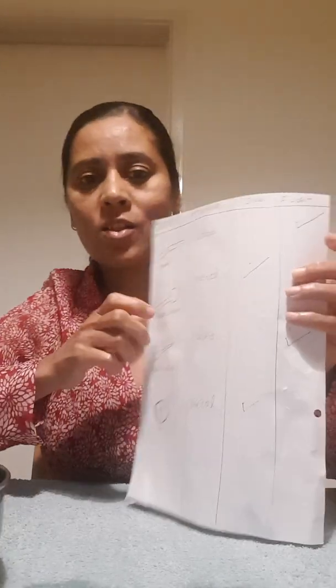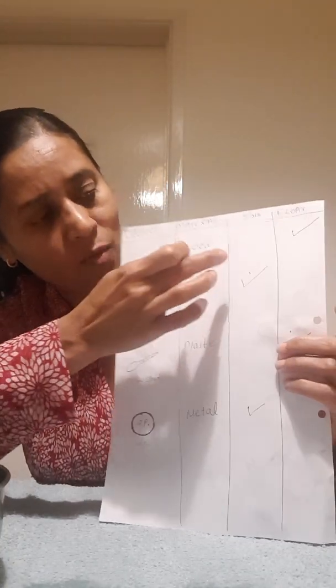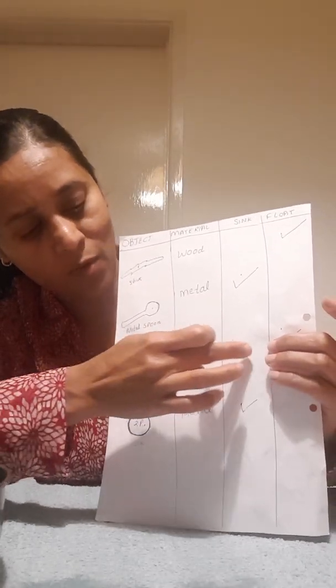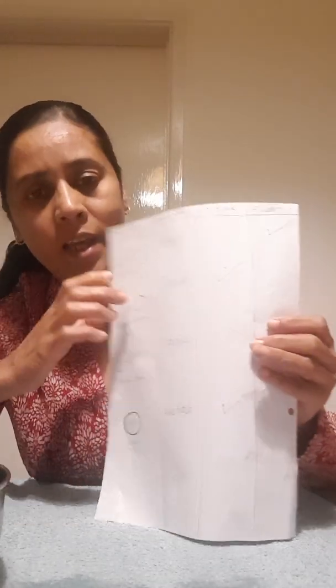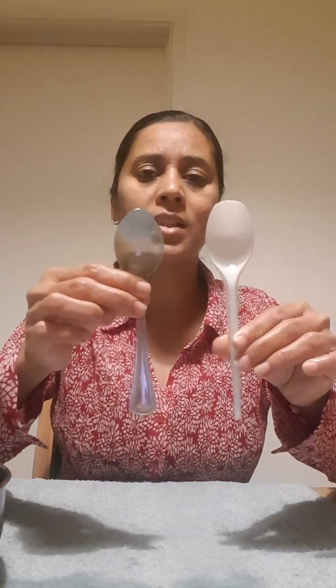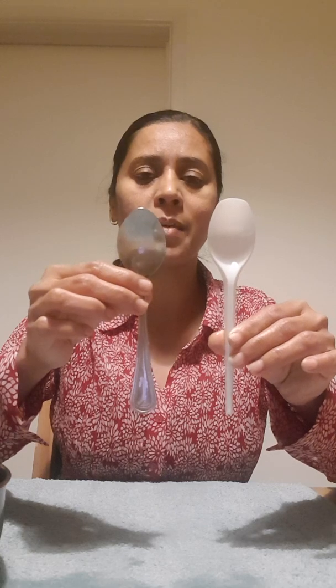In the chart, as you can see, the stick floats, the metal spoon sank, the plastic spoon says float, and the coin sinks. So in this experiment we see these two objects are similar in size and the same in shape, but this plastic spoon in the chart says float, and this metal spoon says sink.